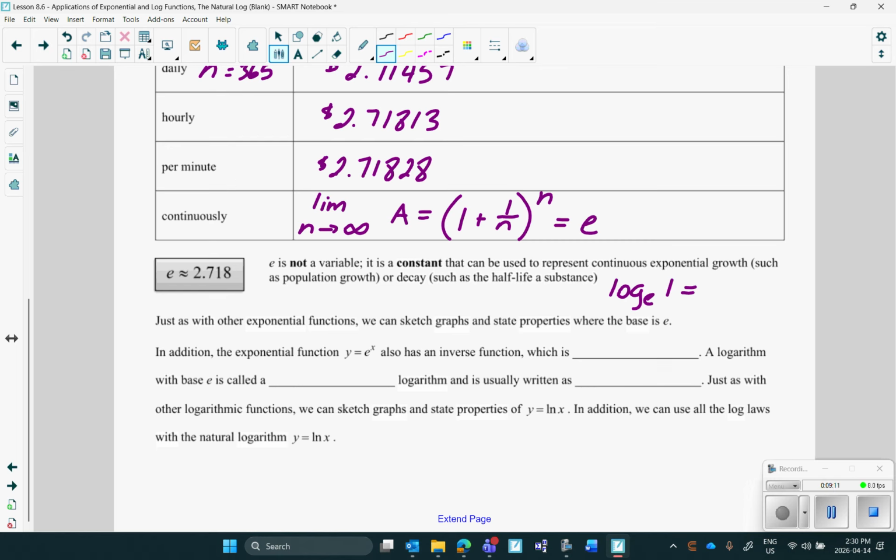No, a calculator won't help you. Don't do it. It's a non-calculator. Come on, you guys. You know how to change to exponent. e to the whatever this is equals 1. 0. Log base e of e. 1, because e to the 1 equals e.